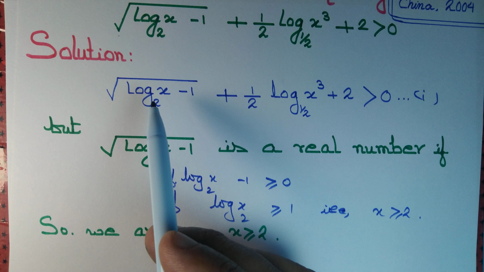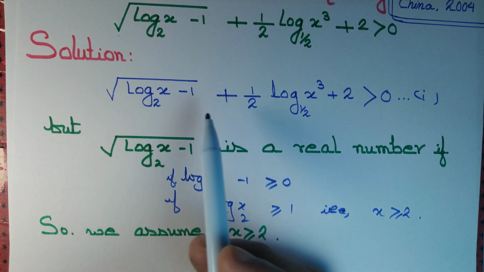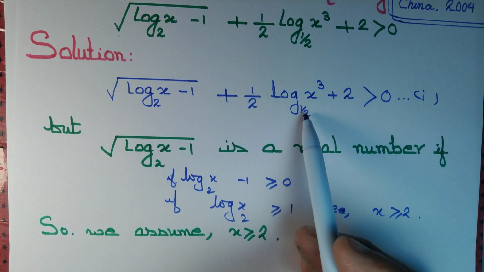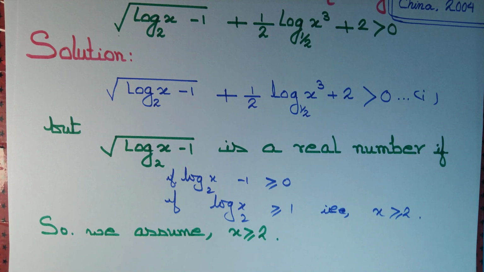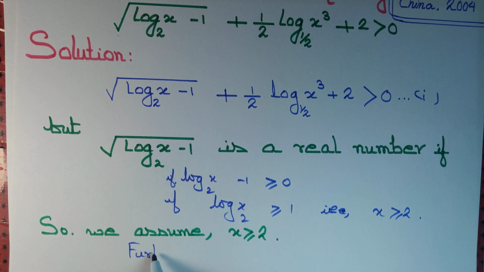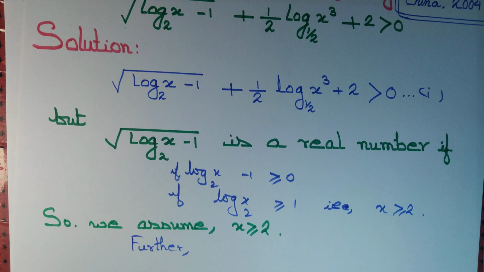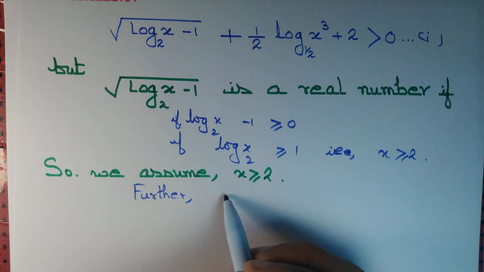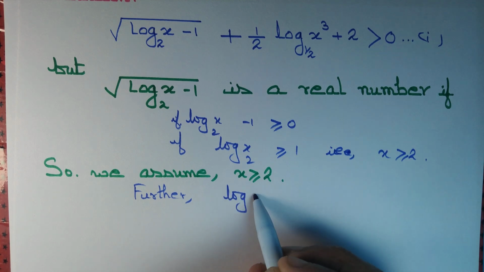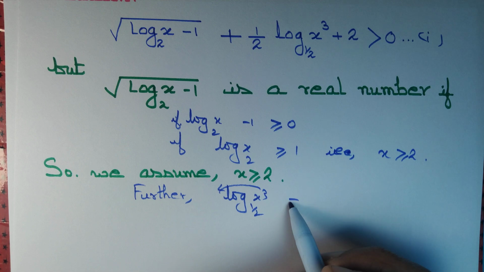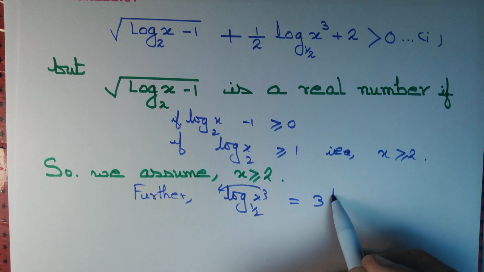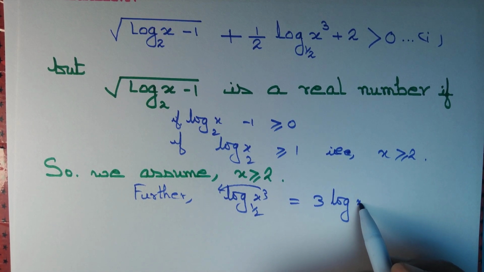What about this one? You see that we have got log with base 2 and log with base half. Can we simplify it? The answer is yes. Further, log of x cube with base half. You see that powers can be taken out of logarithm, so that's equal to 3 times log of x with base half.